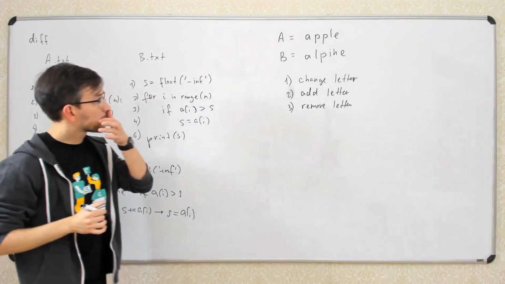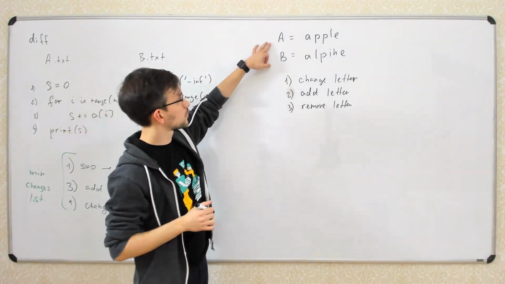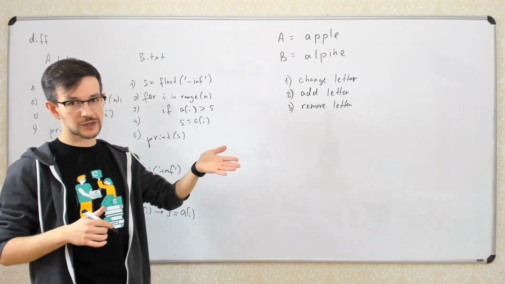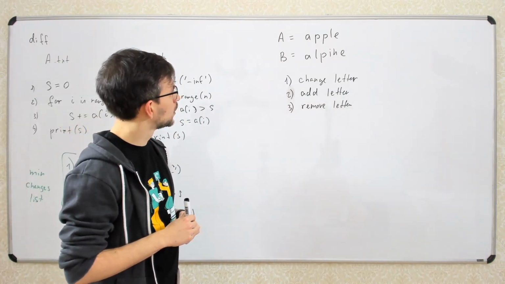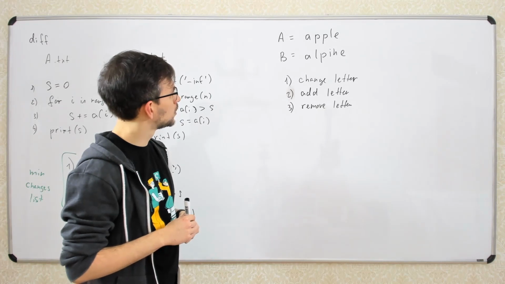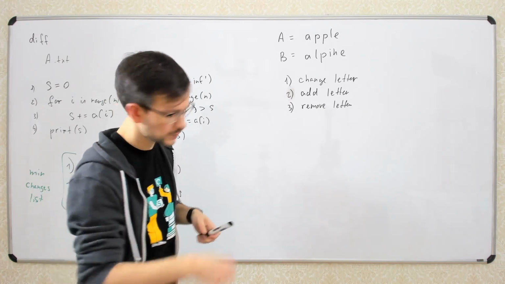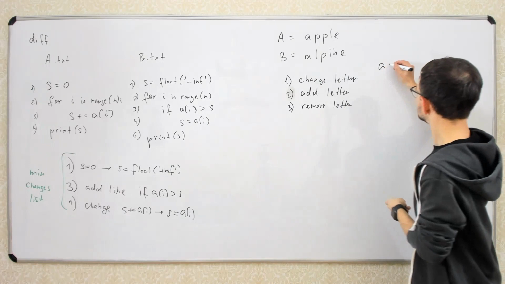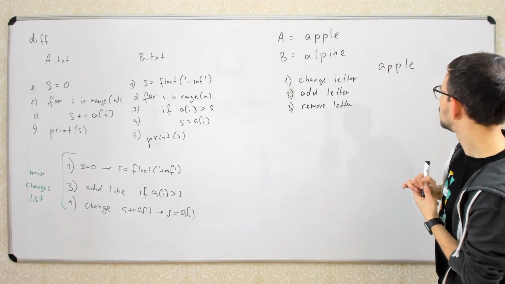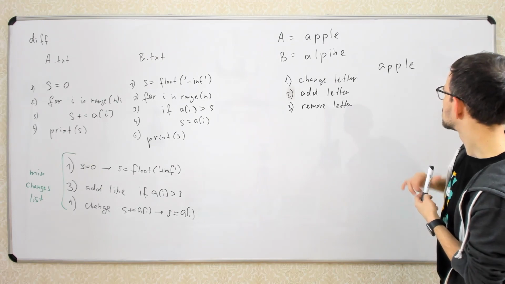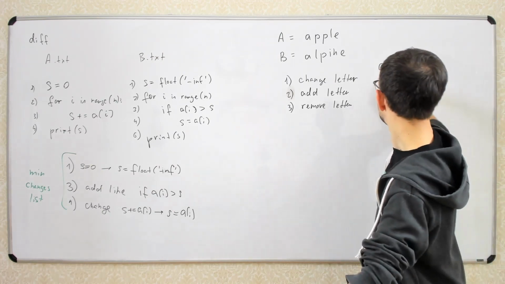And we want to produce the second word from the first word using the minimal number of operations. For example, here we have this apple. What is the minimal?